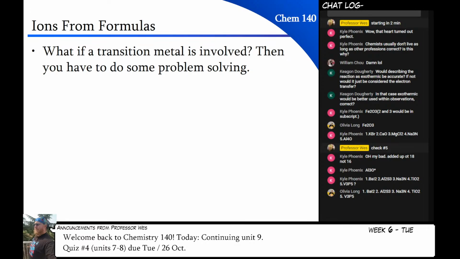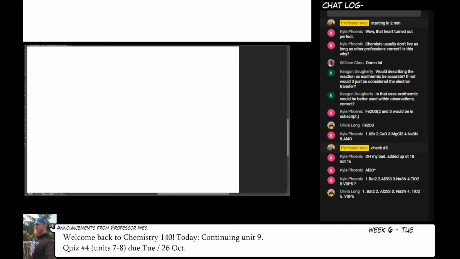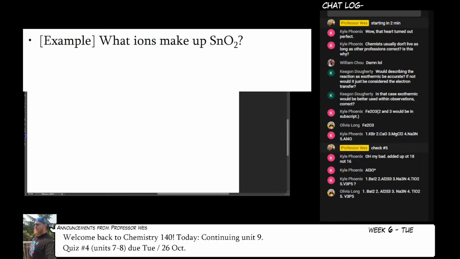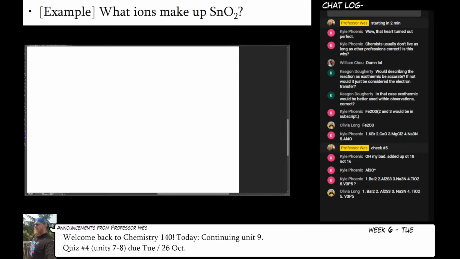So then what you have to do is problem solve. And so this is how you do that. How do I figure out what ions go into this compound? So let's write this down.